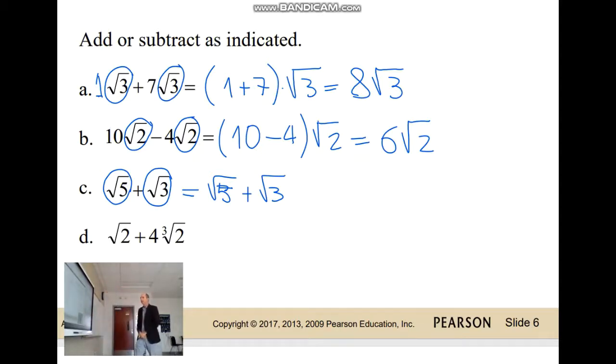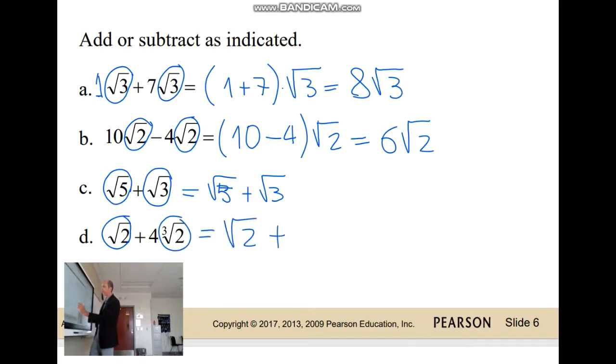And letter D, we have the same radicand, 2, but the index is different because this is a square root and this is a cube root. So there's nothing we can do here. We keep it just like that. We cannot simplify this expression. Okay? Moving on.